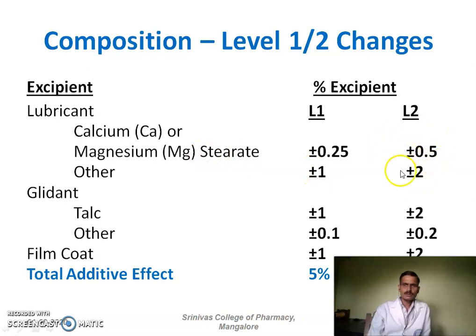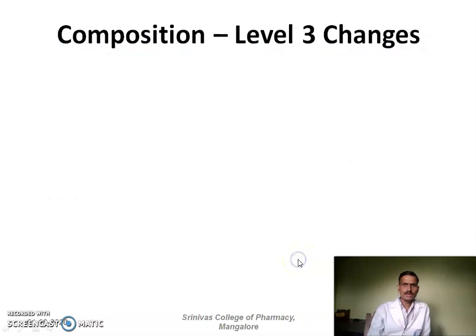You can go for changes. Then glidant and talc, you can see here the total additive effect is 5% for level 1 and 10% for level 2. So these are the level 1 and level 2 changes.